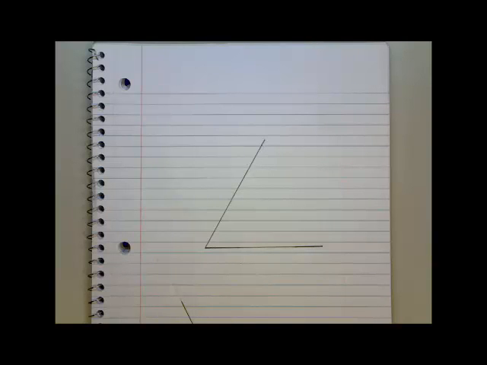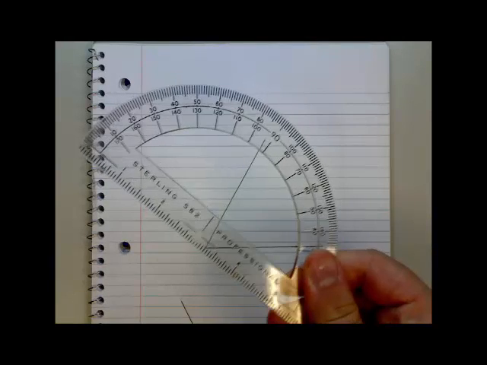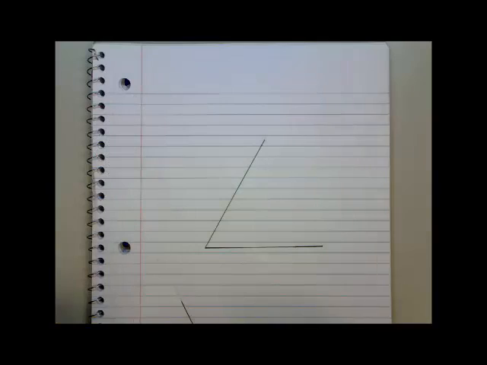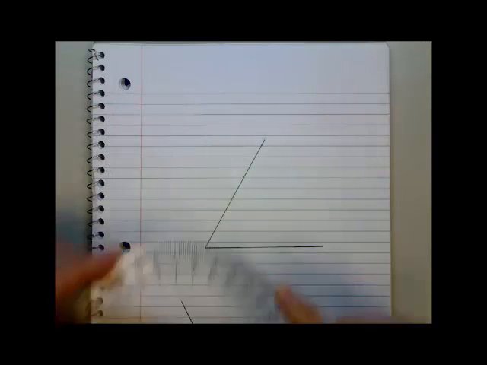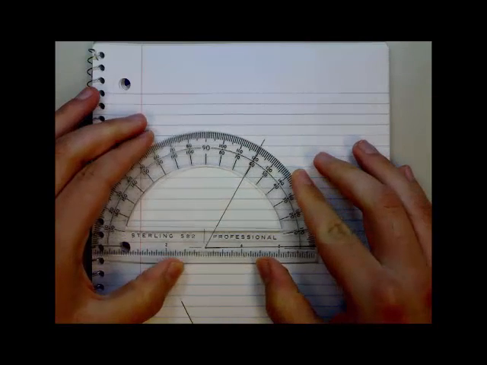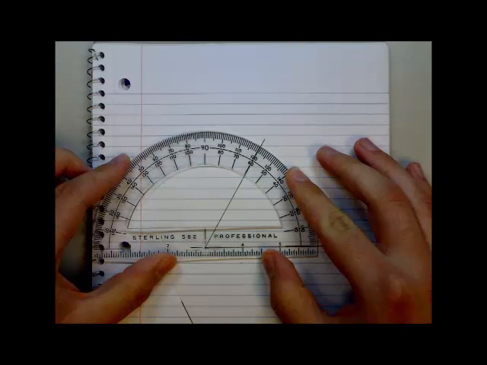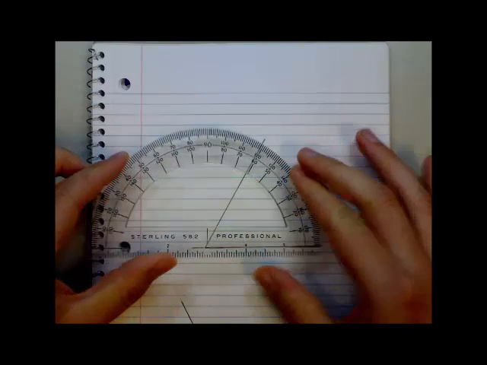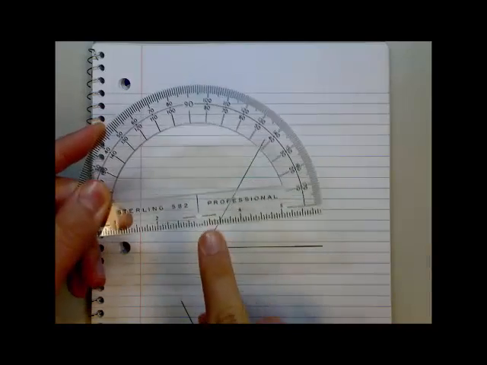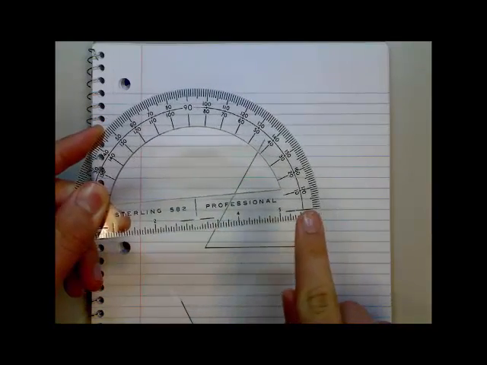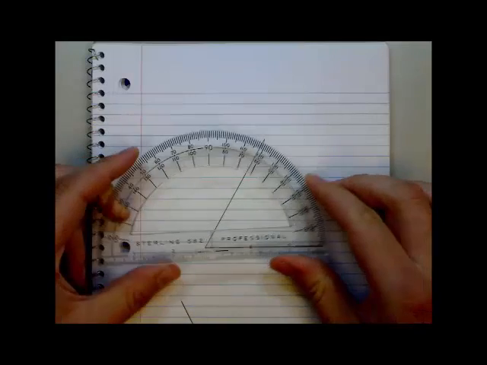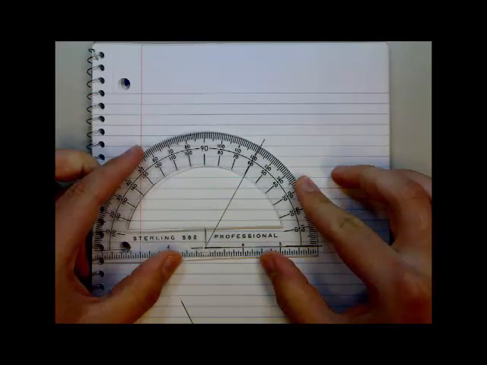We have an angle here that we'd like to measure, so we'll use our standard protractor. We'd like to line up this hole in the protractor with the vertex of the angle, and then these lines along the bottom of the protractor here and here with one of the edges of the angle.